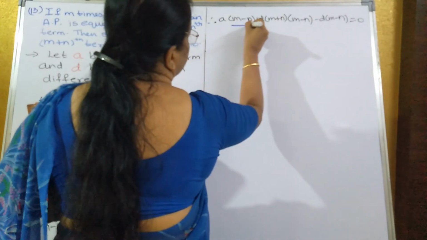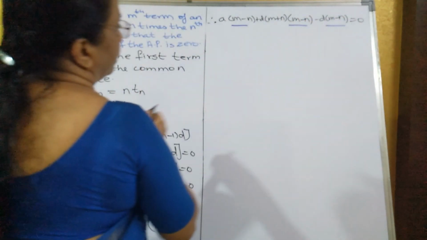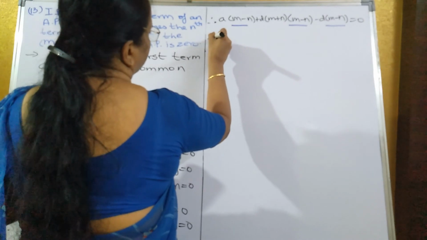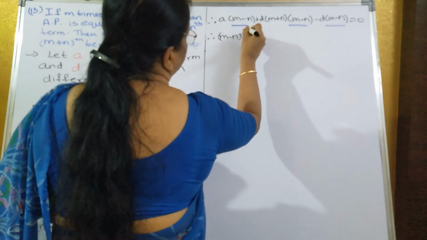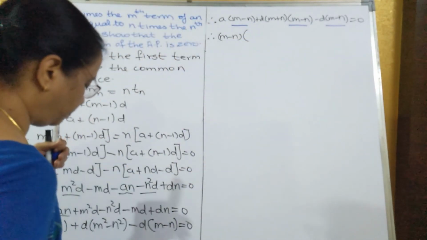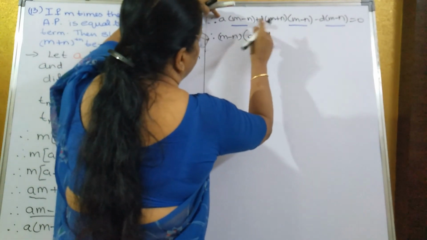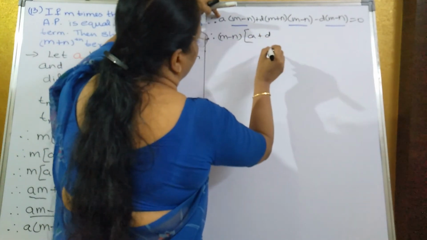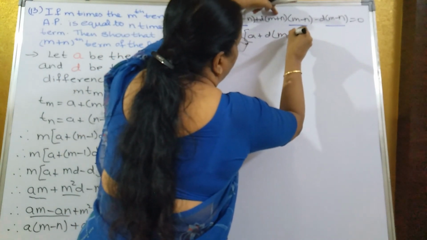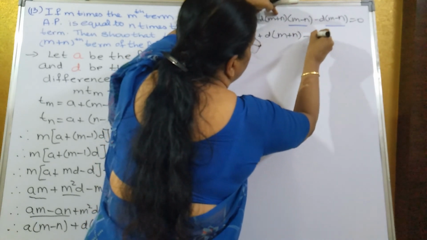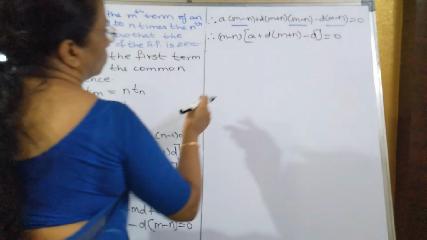This is common, so take that common outside. Therefore, (m − n), we have taken it outside. What is left inside? A plus d into (m + n) and minus d is equal to 0. Now multiply this with d.